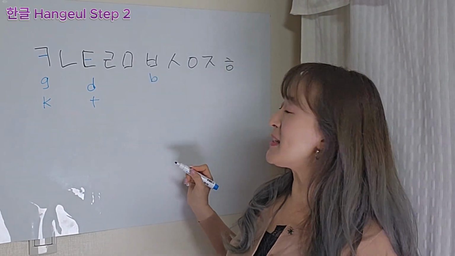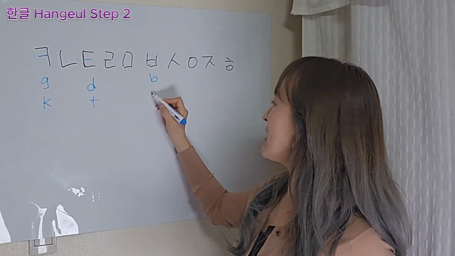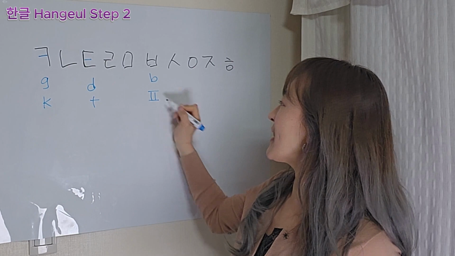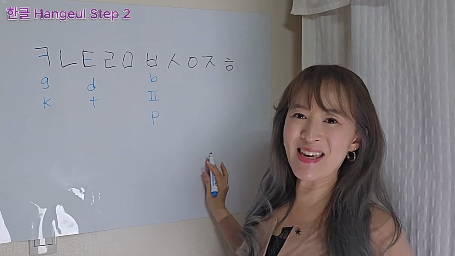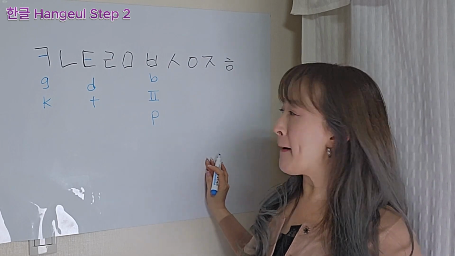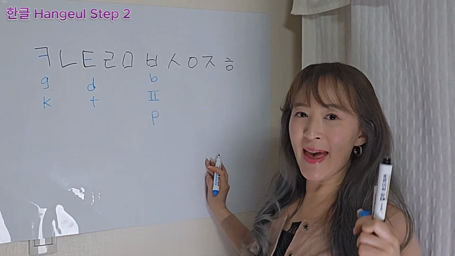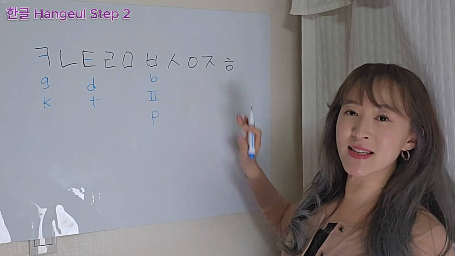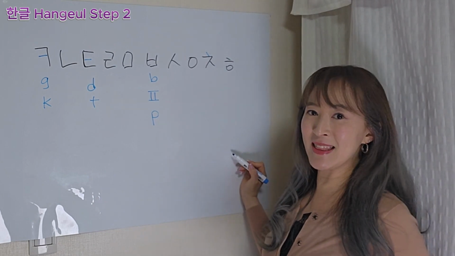B sound, piup, actually the letter changes a little bit, so it becomes like this. And this is the p sound. P, piup, right? And the last one we have is this jieut. Jieut, putting this at the top.